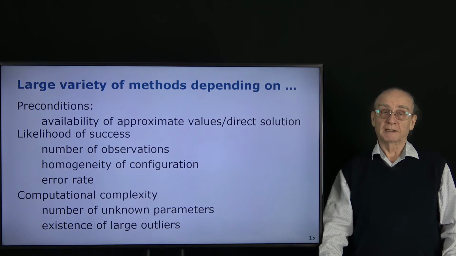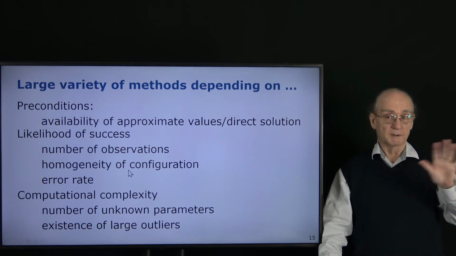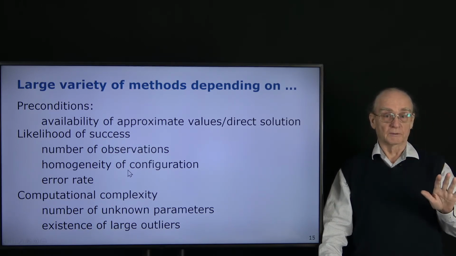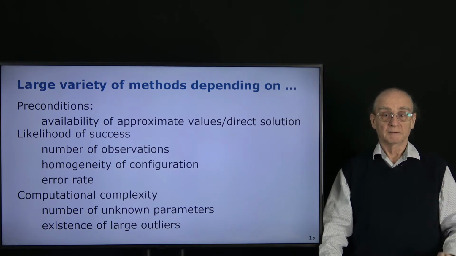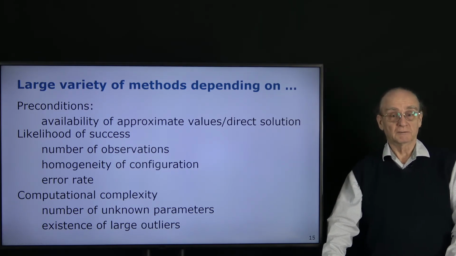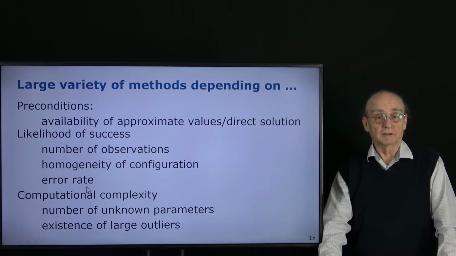Maybe better if you have many observations, because then you have more possibilities to identify the wrong observations. The configuration may be homogeneous, so the points may be distributed more or less evenly, or they may be distributed very unevenly, so this may have an effect. Then, of course, the error rate has an effect. If only 1 per mil of the data are outliers, then of course there may be simpler and more efficient methods than if we have an error rate of 40% or so.